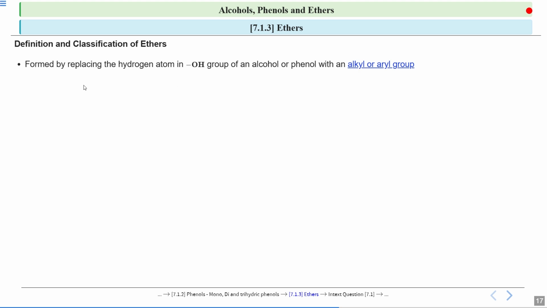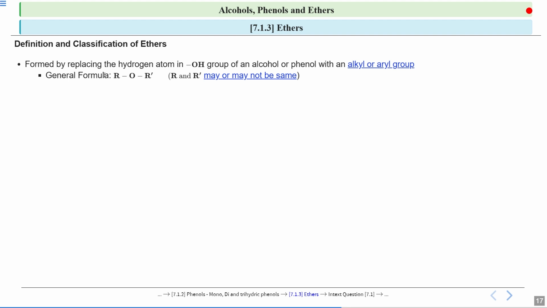So what will happen? The hydrogen atom will be replaced in the hydroxyl group, and the alkyl or aryl group will add to the oxygen and form the ether. You will get an ether.